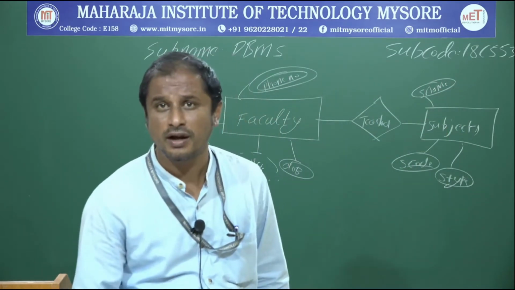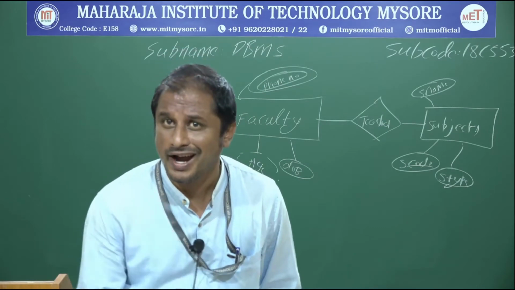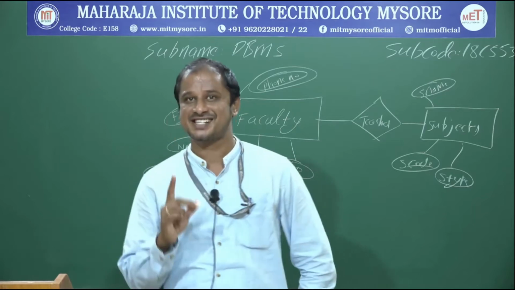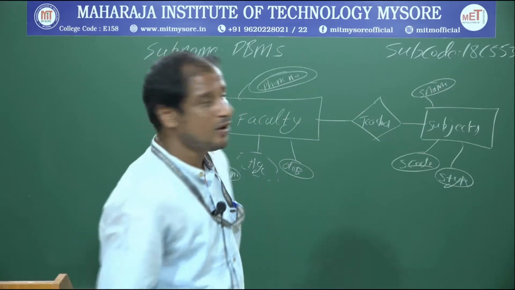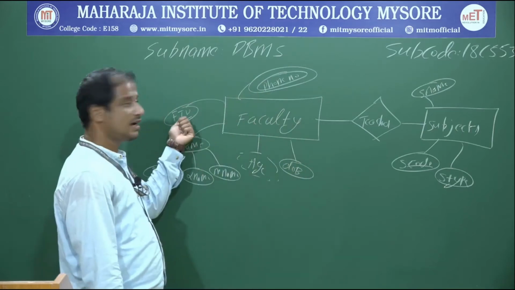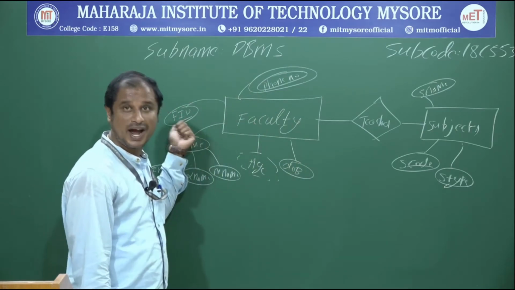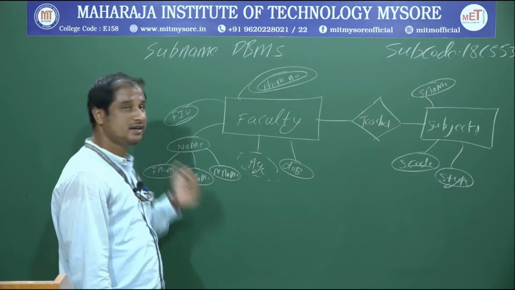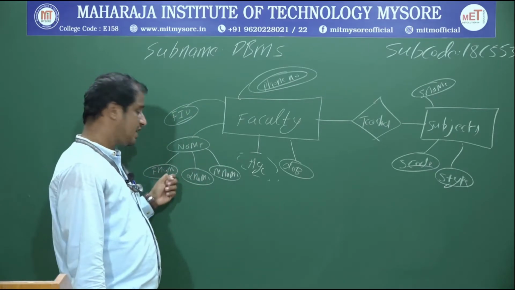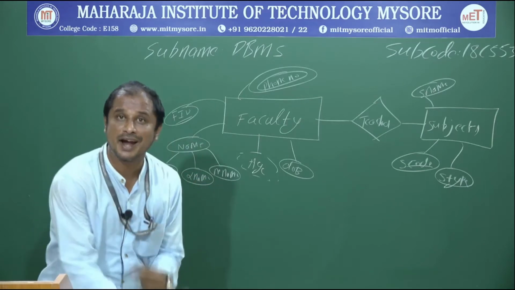So here we talked about an entity as an object with independent existence. Then we have an entity called faculty with attributes: a single-valued, stored, and simple attribute, that is faculty ID. Then I have name, which is split into multiple attributes.